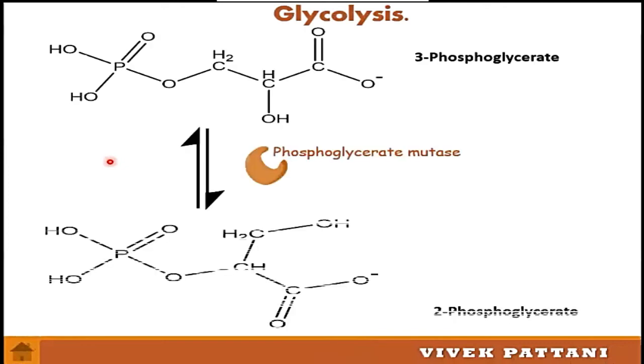Now 3-phosphoglycerate will now be converted into 2-phosphoglycerate. This reaction is basically just a type of isomerization reaction, just a restructuring of the 3-phosphoglycerate molecule, which involves the enzyme phosphoglycerate mutase.